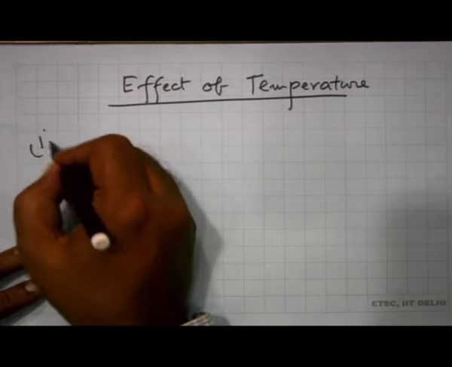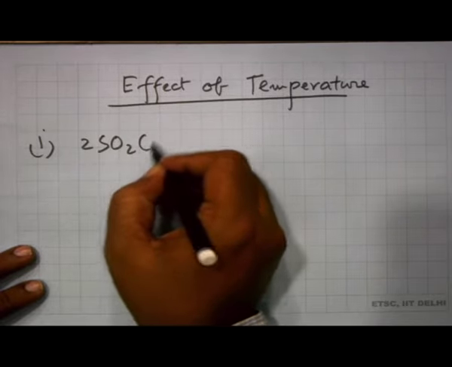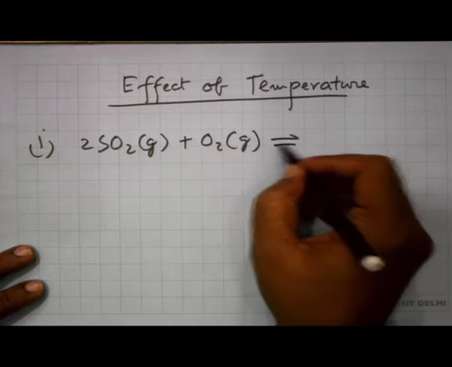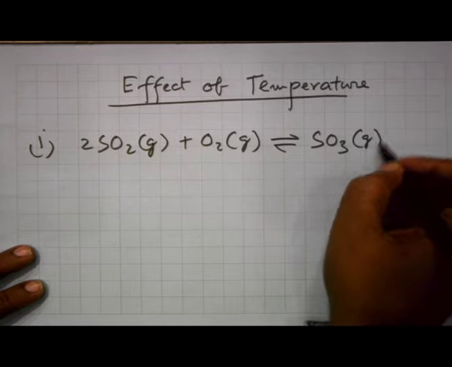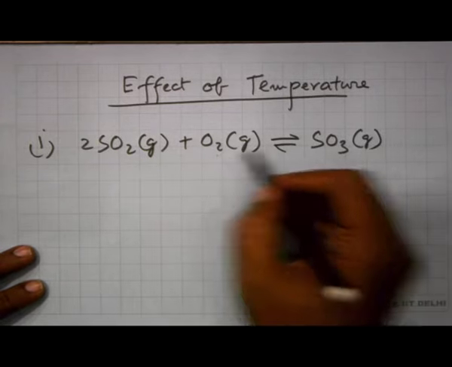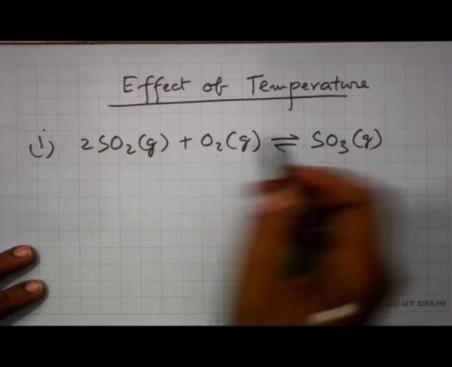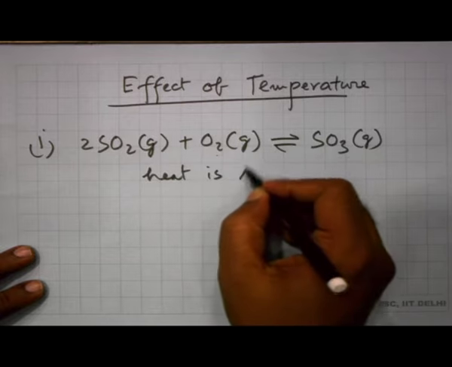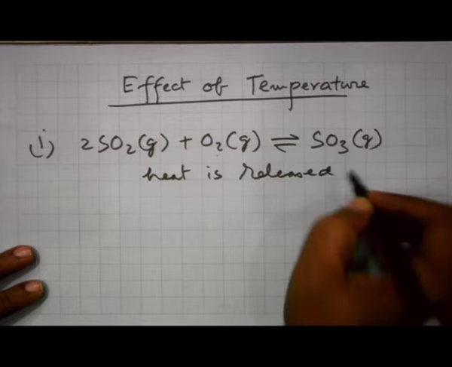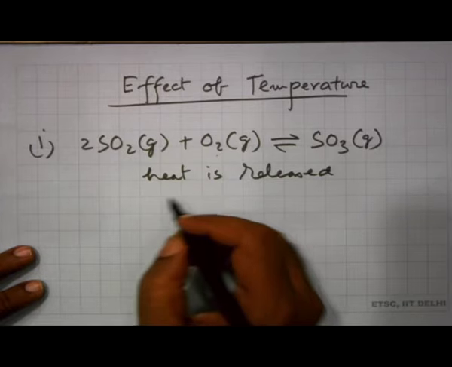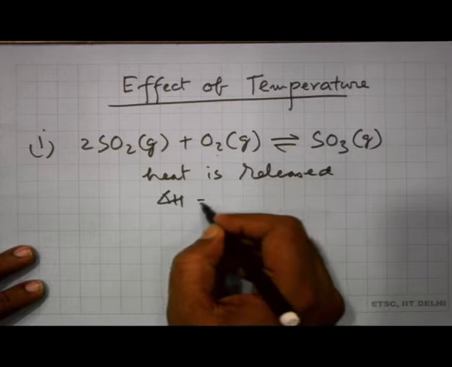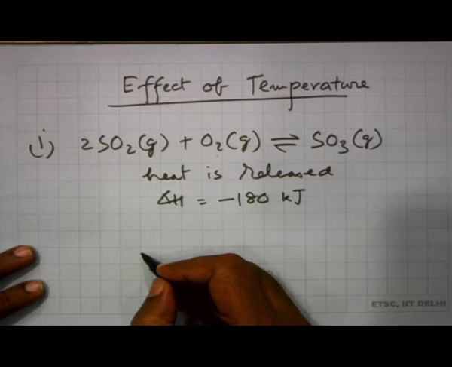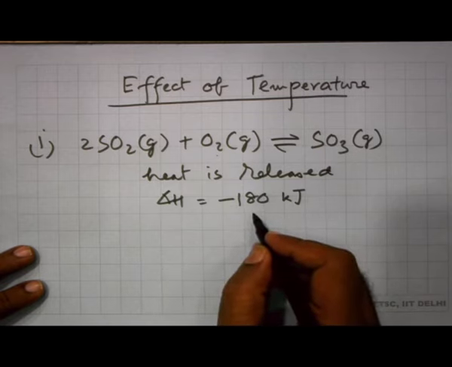So, the first reaction is SO2 gas plus O2 gas giving you SO3 gas. When SO2 reacts with O2 to give SO3, heat is released, and it is an exothermic reaction, and delta H is equal to minus 180 kilojoule per mole.